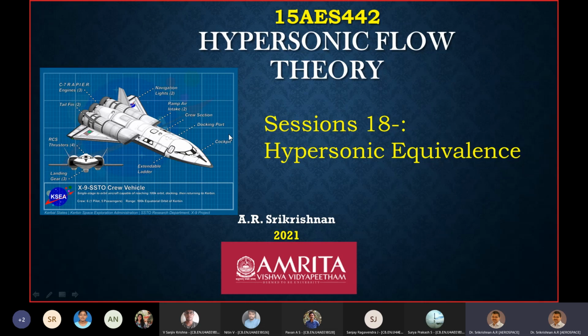That is, you try to find a similar physical situation where experimental or theoretical data is available, and if it is theoretically feasible to correlate it to a hypersonic case, then we can make use of it for practical applications to get an estimate of, again, the all-important parameter, the pressure distribution on the body. So this is the approach we are going to describe as hypersonic equivalence.